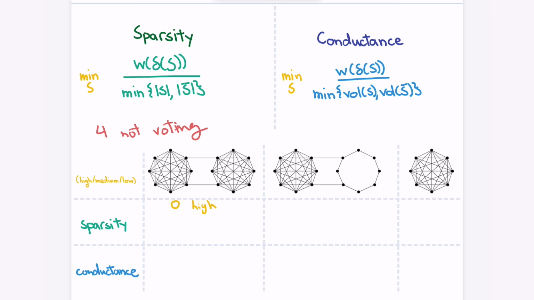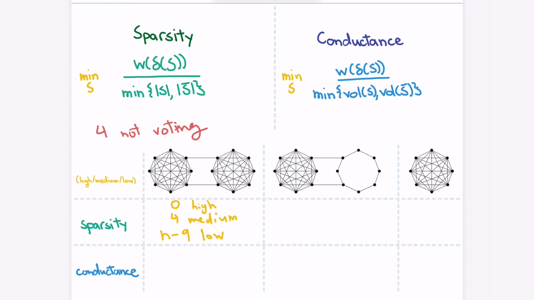Anyone for medium? Okay, four for medium. And then what about low? Okay, one liar. Most of you thought it was pretty low.